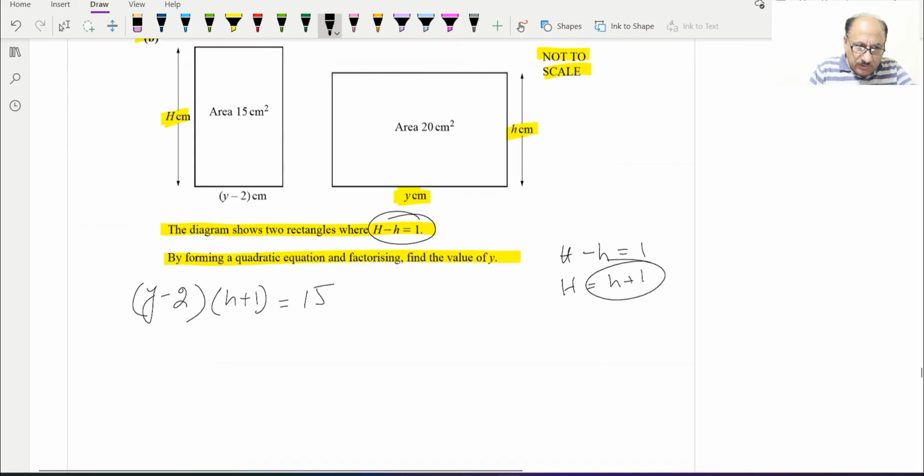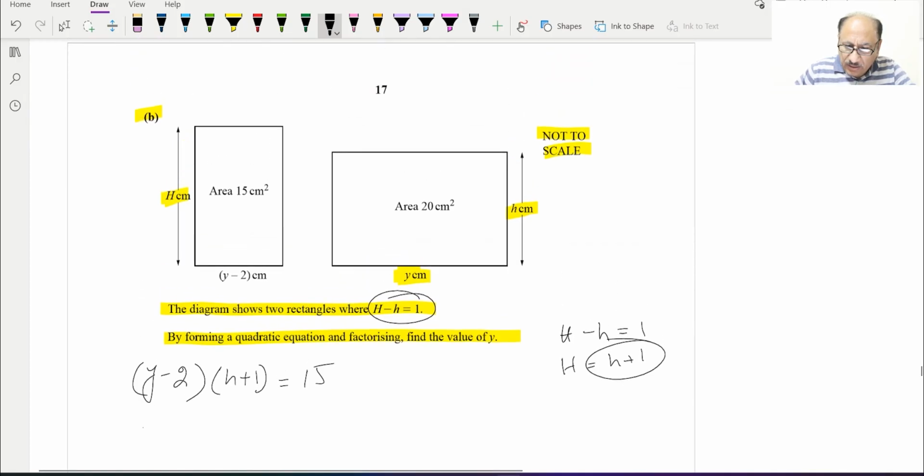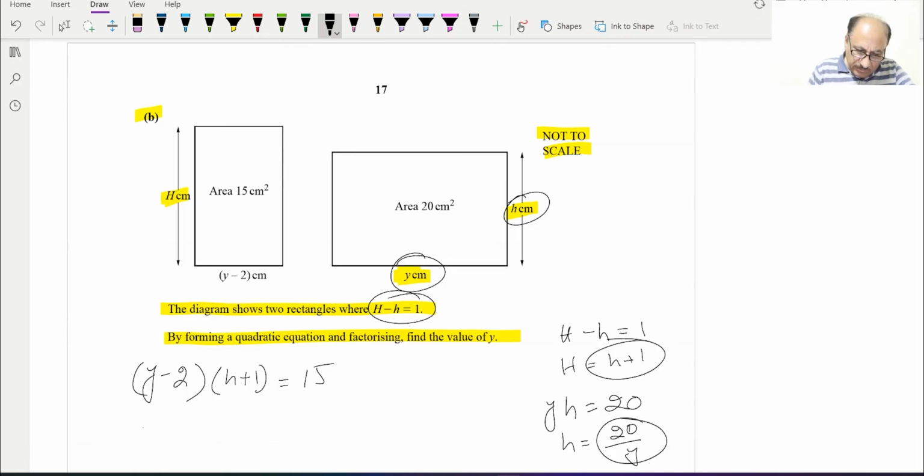This will be h plus 1, h into y is equal to 20. So we can write from here y into h is equal to 20, or h is equal to 20 over y, and this value we will replace in this, and it will be y minus 2 into 20 over y plus 1 is equal to 15.